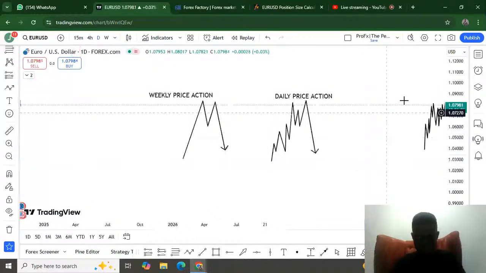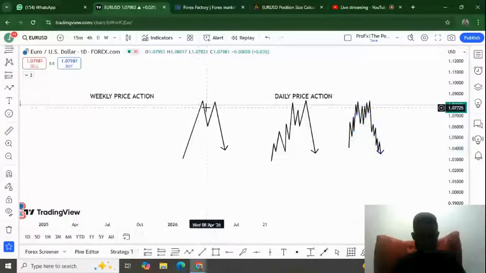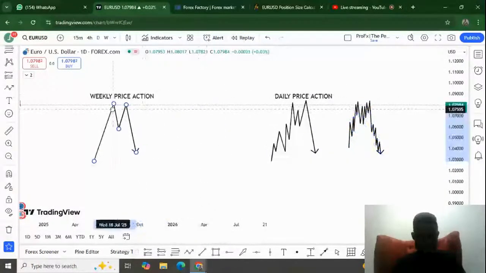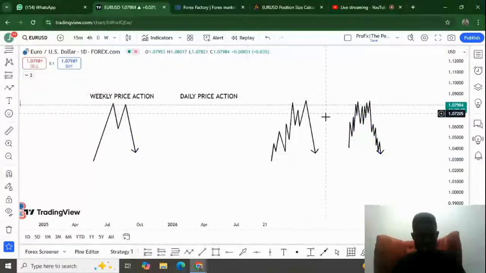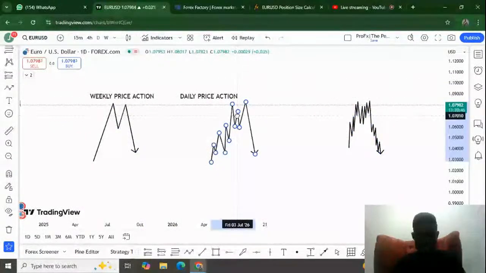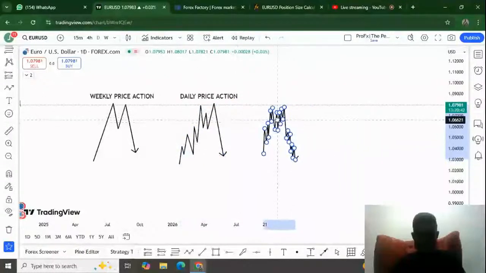So this is direction. Let me put it side by side. Side by side. So we have successfully gotten weekly, daily, and 4 hours. Successfully.